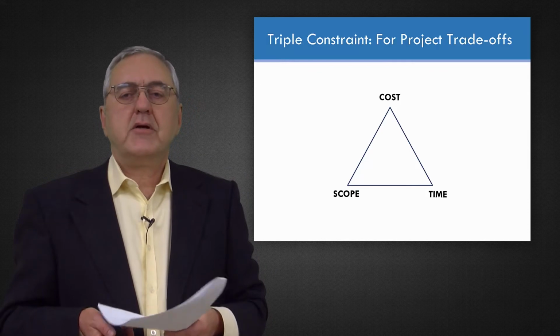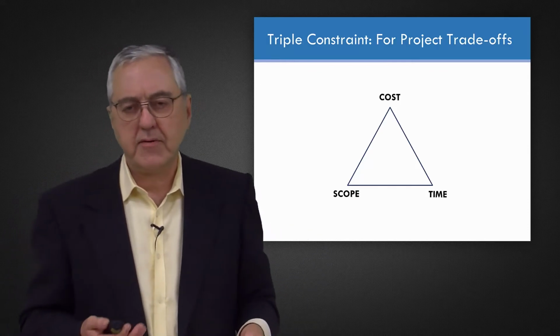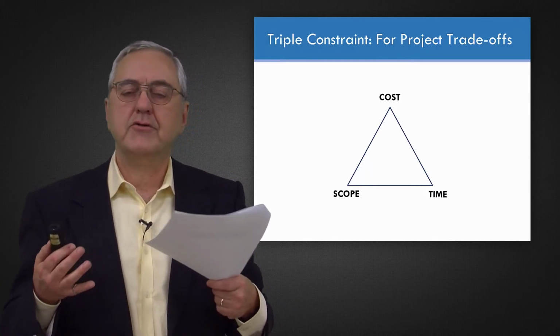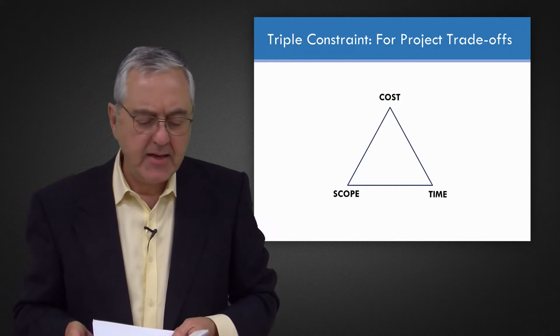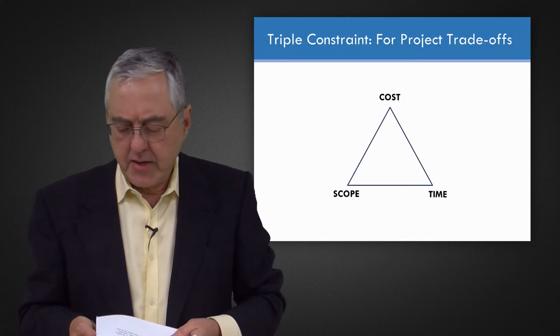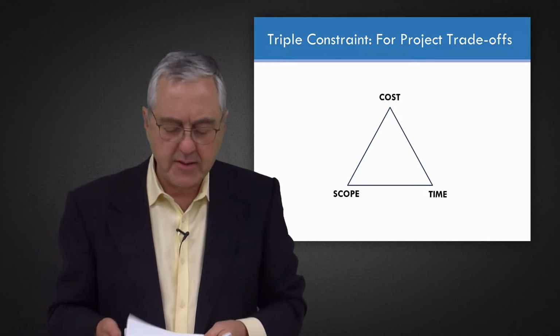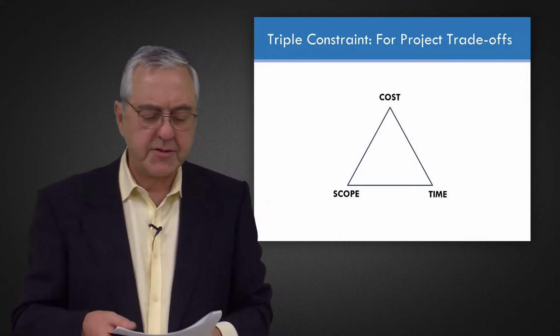It's a triangle that, well, different varieties might have slightly different words around it, but as you see, it's a triangle with 3 points: scope, cost, and time. Now, how can we use this, or what does it mean? Well, there's a few ways that I can put this into project context.